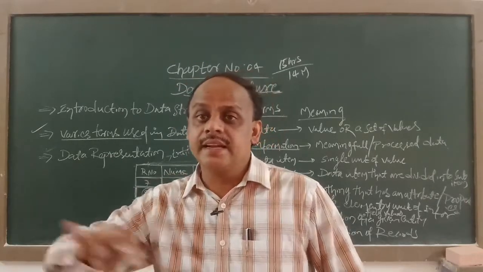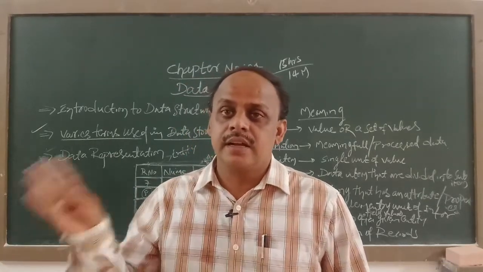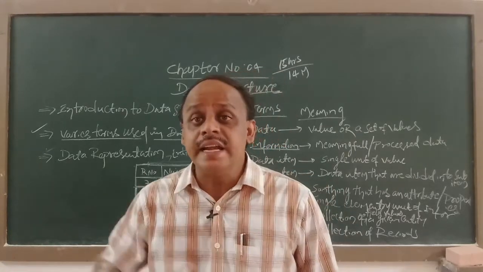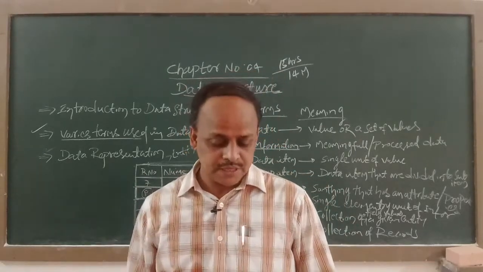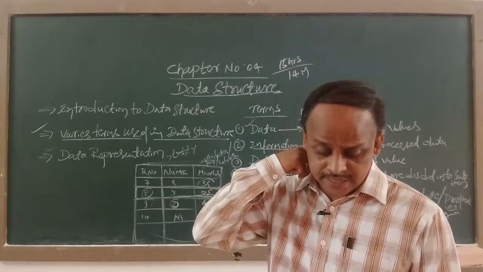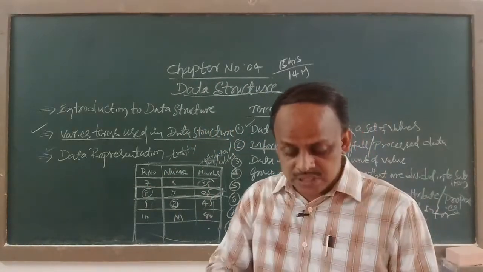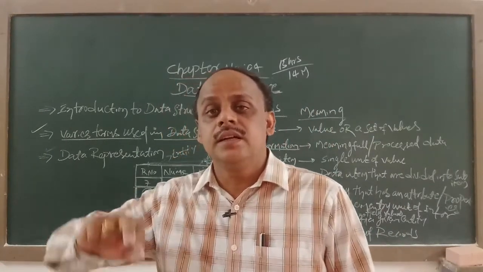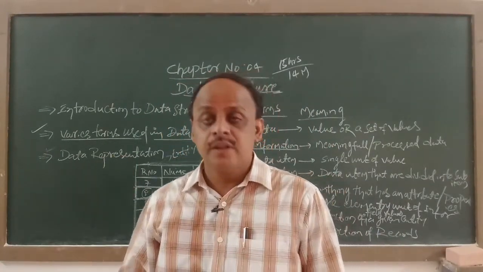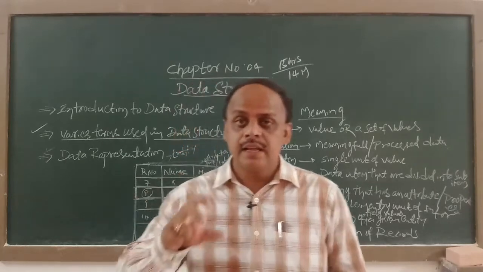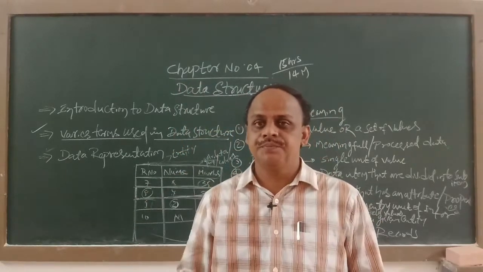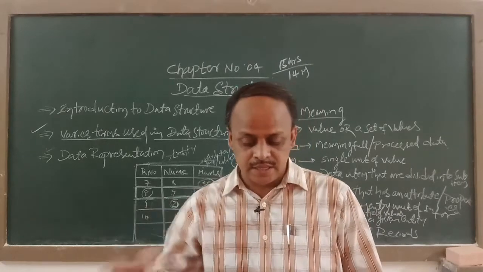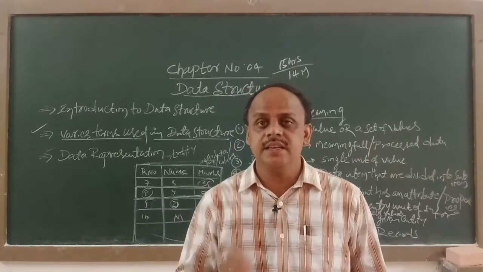A collection of data of different types is called heterogeneous data, right? So data may be the same, that is homogeneous data type, or different, that is heterogeneous data type. In the storing of data, a need may arise to group these units as a single unit.